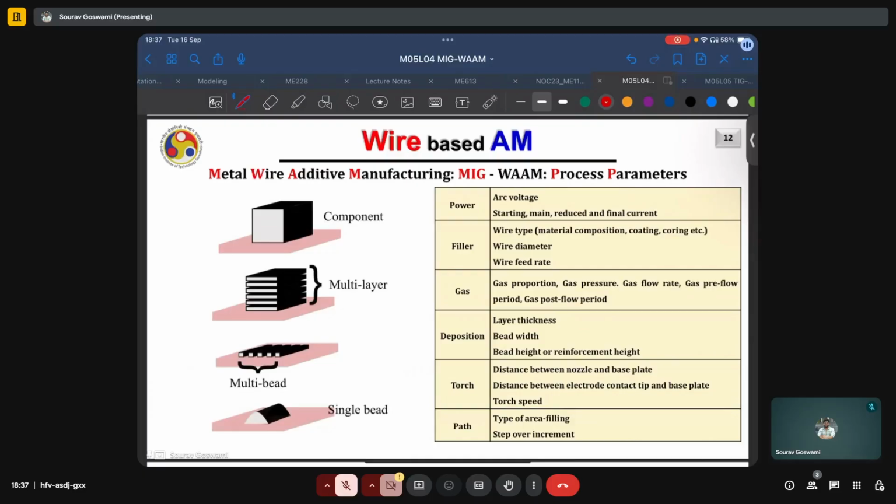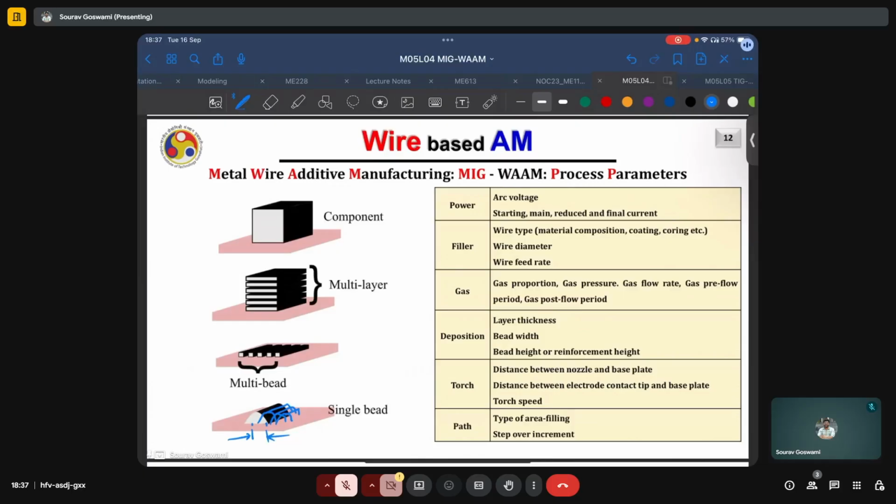The next step is to deposit beads adjacent to it. And it is not necessary that the same process parameters which were suitable for a single bead will also be suitable for multi-bead deposition. However, typically these single bead process parameters are good enough. Typically what we'll be aiming to optimize in this multi-bead setup is mostly the hatch distance, or the step over distance, which is the distance between the centers of these two adjacent beads.